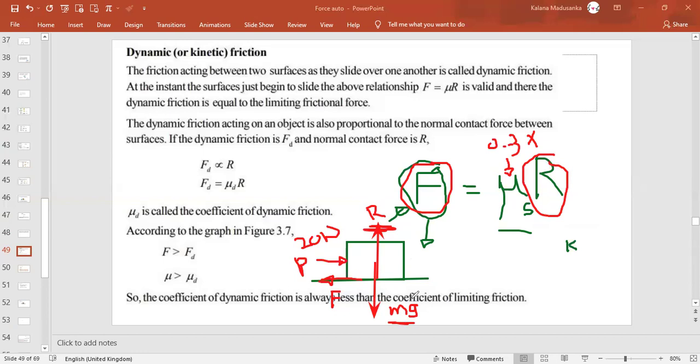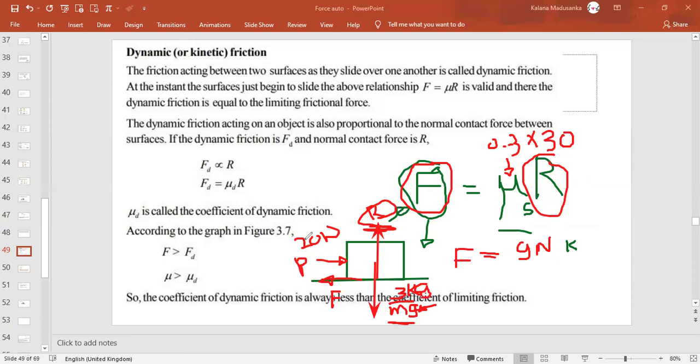So R is equal to mg. Let's say the mass of this object is 3 kilograms. Then what is the R value? It is going to be 30, because gravitational acceleration is 10. So mg is 30, R is 30, and mu s is 0.3. Then the friction applied between these contact surfaces is 3 times 3, 9, so 9 newtons, right? 9 newtons.